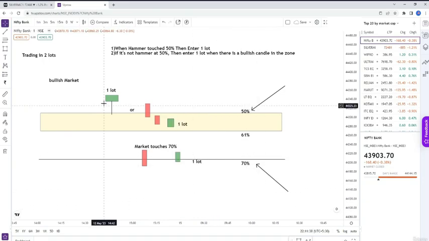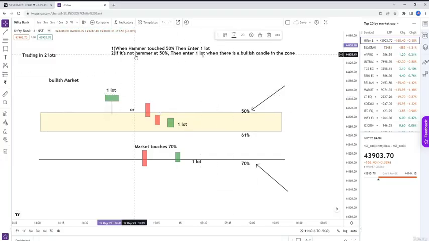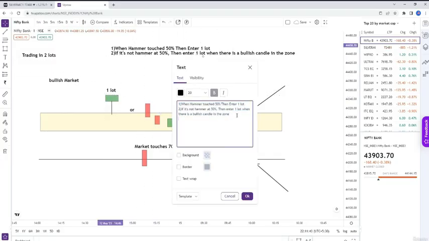This is about my entry. So if this is a hammer, the third point is, as soon as the market hits 70%, enter one lot. Enter remaining is the right word, meaning the remaining 50%.